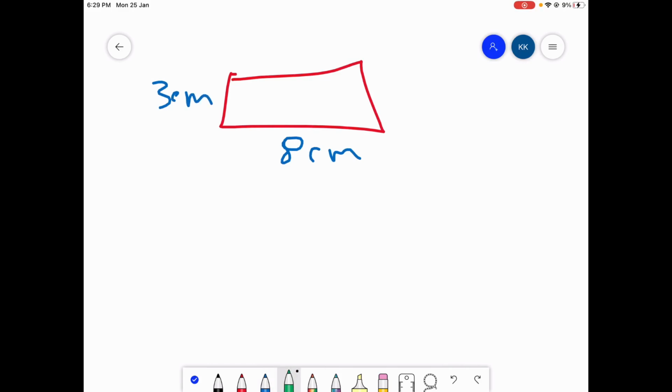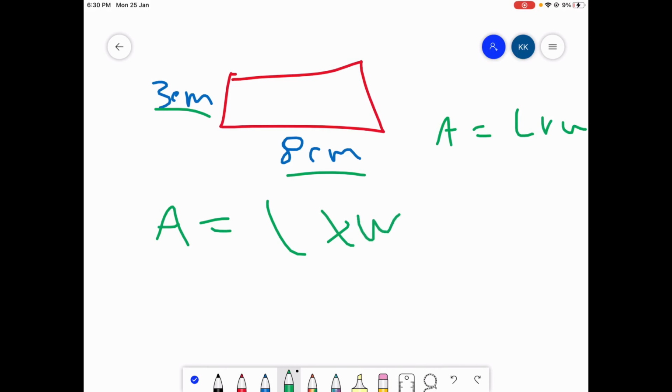First we write the formula, which is important. A, which is area, equals length times width.